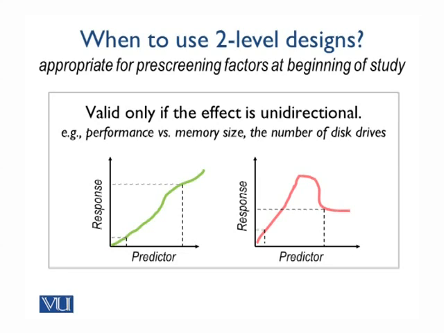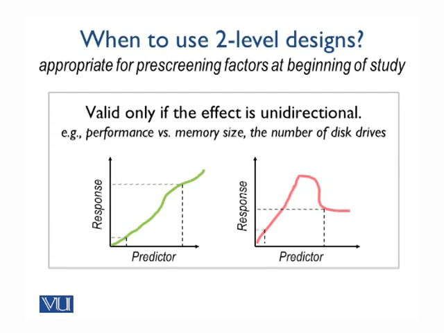Because if you do not have that, as you can see on the slide now, you have two graphs shown. In the first graph, the effect is unidirectional, and that is precisely the case in which two-level design is most appropriate. In the other case, the bottom right graph, you see that the effect is not unidirectional.